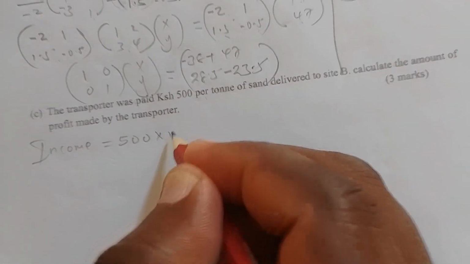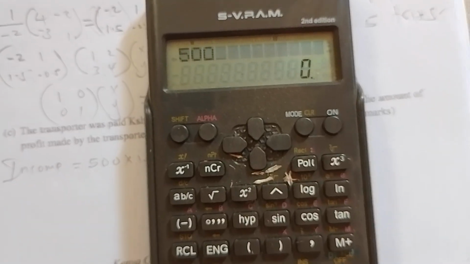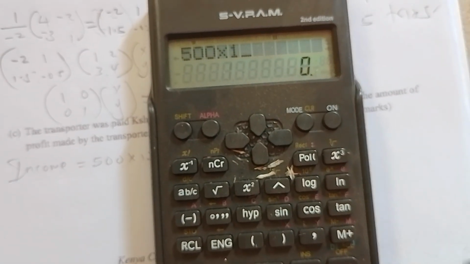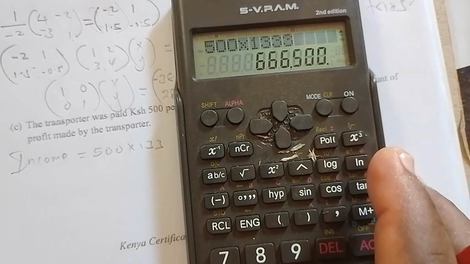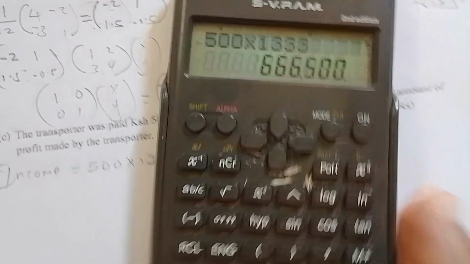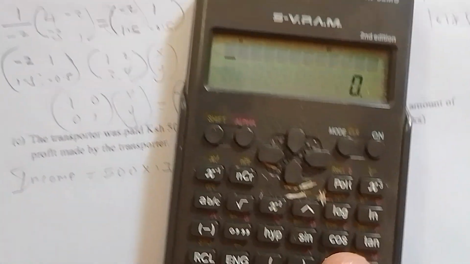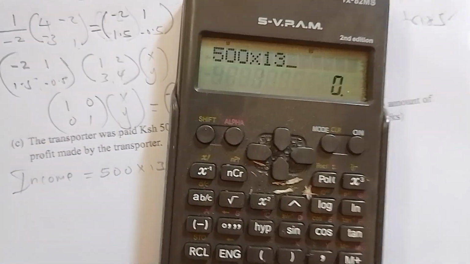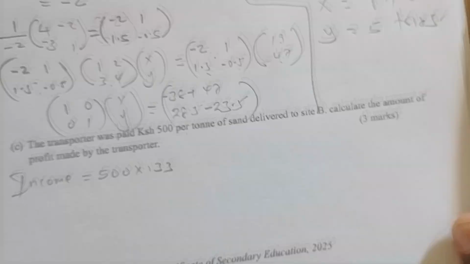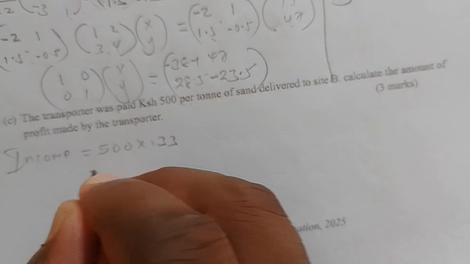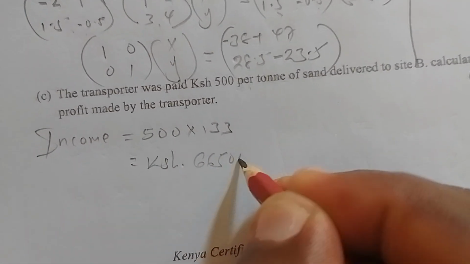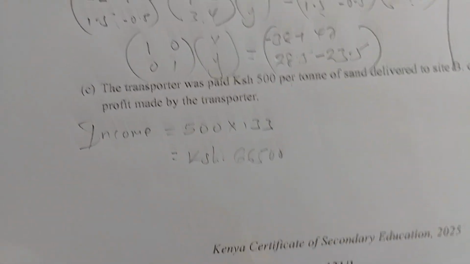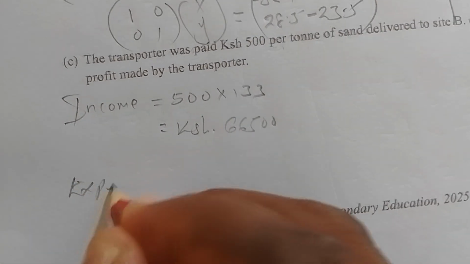So multiply this one by 133. So 500 times 133 gives us 66,500. So we have the income, 66,500 Kenya shillings.